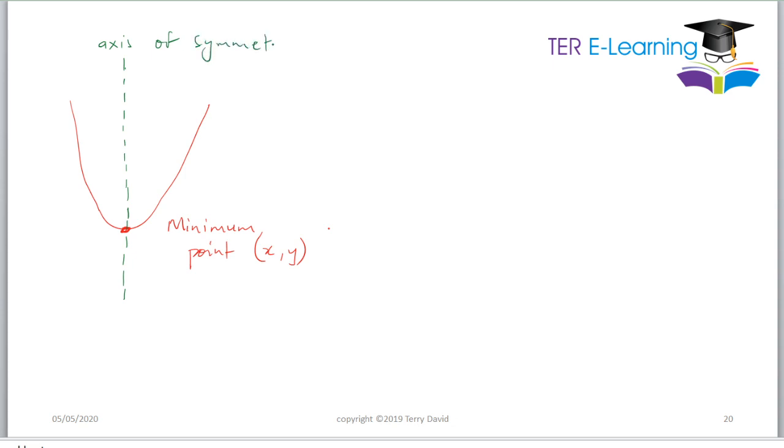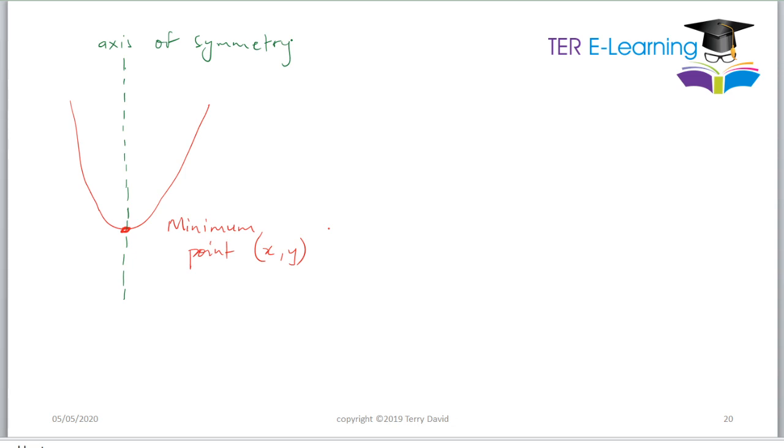If I fold the graph along that dashed line, it's going to line up exactly. So think of that line as a mirror line. If I put a mirror along that line, I'm going to see an exact reflection in the mirror.